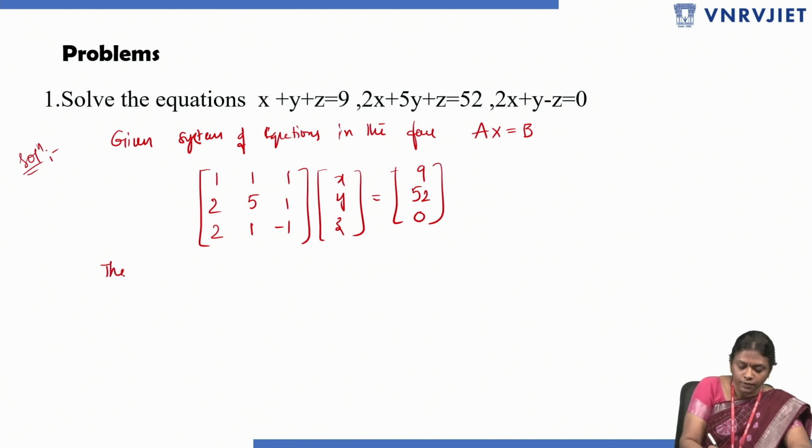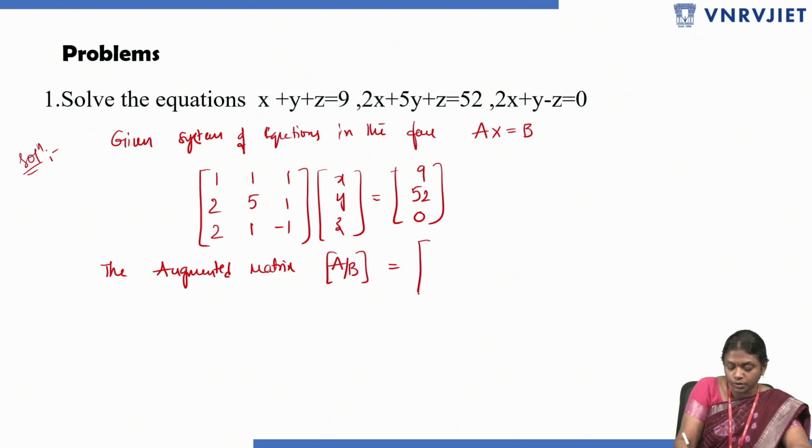Now define the augmented matrix, that is A given B. So we write the augmented matrix as the coefficient matrix combined with the constant matrix: 1, 1, 1; 2, 5, 1; 2, 1, minus 1; drawing a line here, 9, 52, 0.